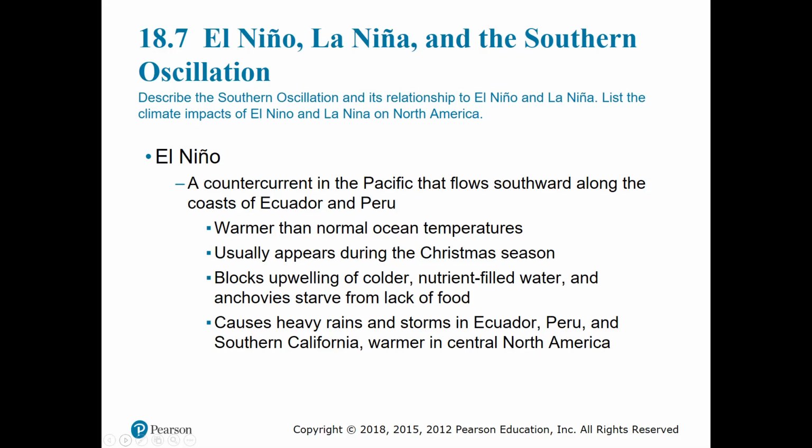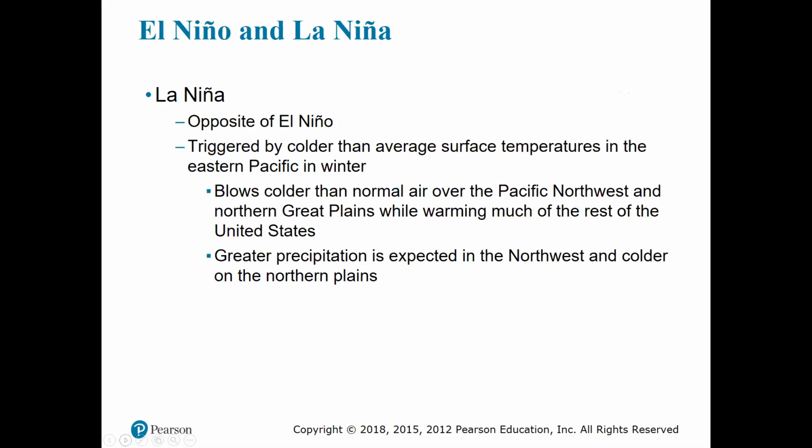There are some climate fluctuations that are associated with El Nino and La Nina. Now, La Nina is the opposite of El Nino. La Nina means little girl. It was named the opposite of El Nino because this is when we have colder than average surface temperatures in the Eastern Pacific.